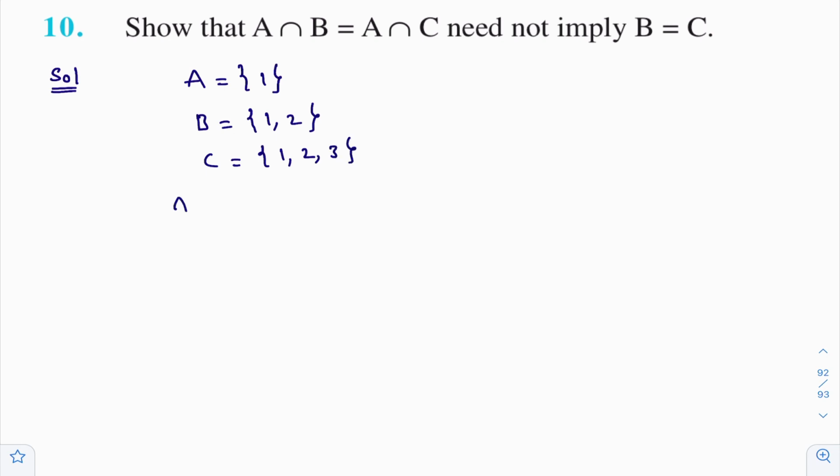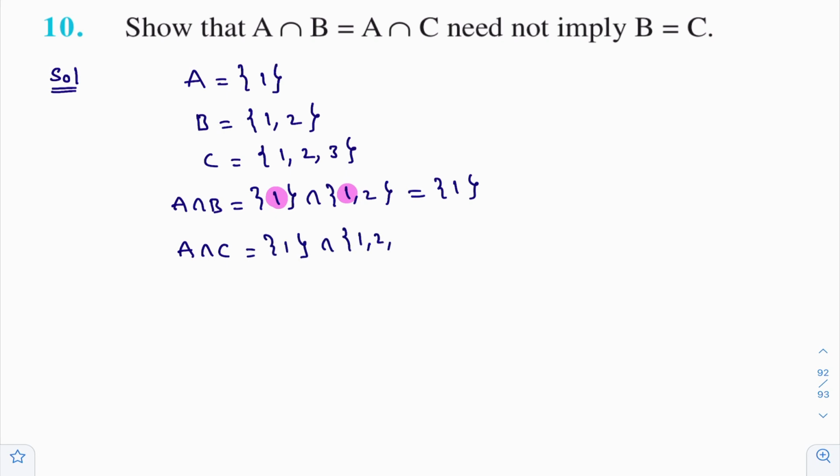Here you observe, what is A intersection B? First you write set A and intersection set B, {1, 2}. You identify the common elements in both. What are the common elements in both? That is 1. So what will you get when you do A intersection B? You will get the singleton set {1}. Now you calculate A intersection C. What is set A? {1}. Intersection. What is set C? {1, 2, 3}.